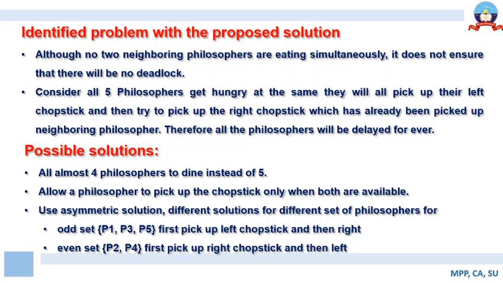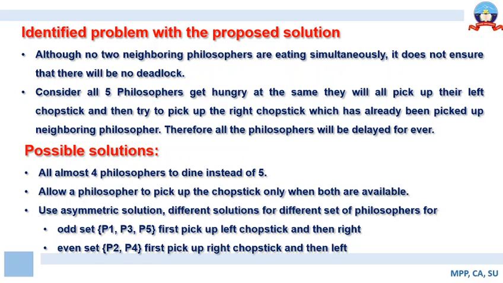So here we have learned that possible solutions to the problem of deadlock may be that at most 4 philosophers may be allowed to dine instead of 5, so that one chopstick is left on the table, so that at least one completes and consequently others will also complete.